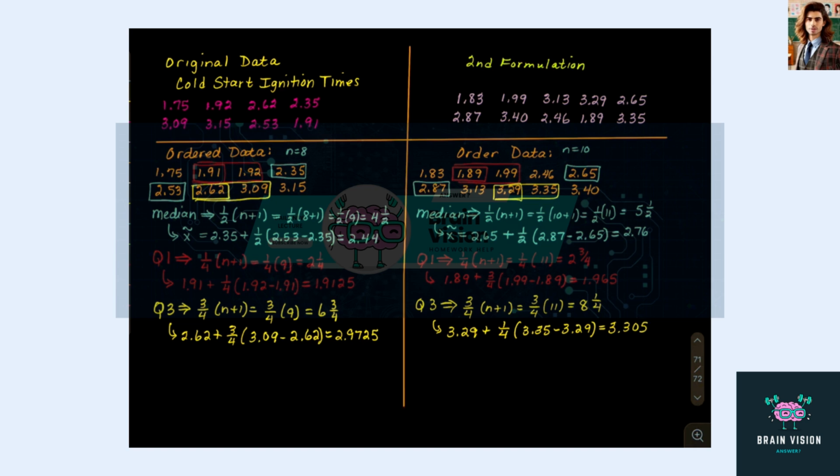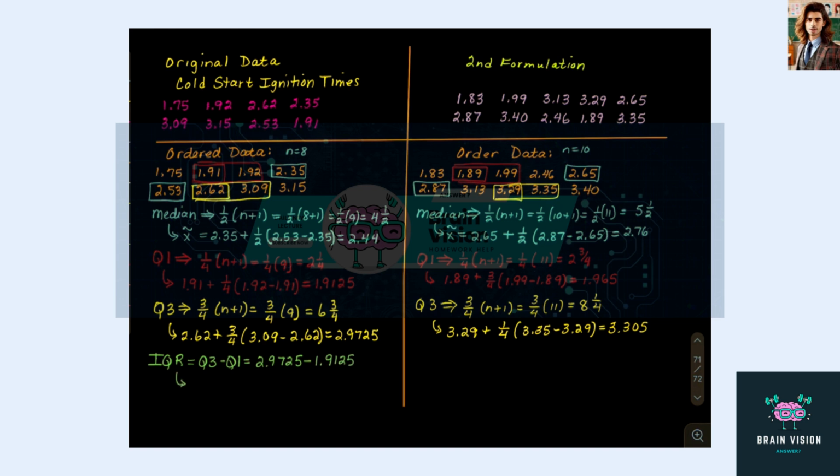Next, we need to look for any outliers. And in order to do that, we will have to calculate the interquartile range, which is abbreviated as IQR. And you find IQR by doing Q3 minus Q1. So Q3 for the original data was 2.9725 minus Q1 of 1.9125.